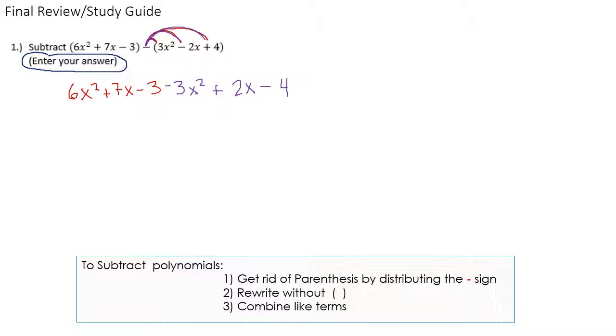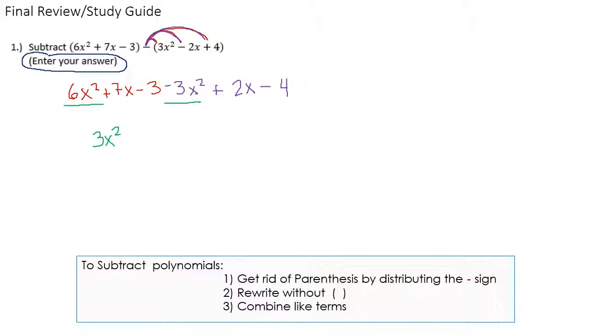Now from here, we simply combine like terms. We have a 6x squared, and we want to see if we have any other terms that have x squared attached to it. And we do. So we have 6x squared minus 3x squared, which gives us 3x squared.